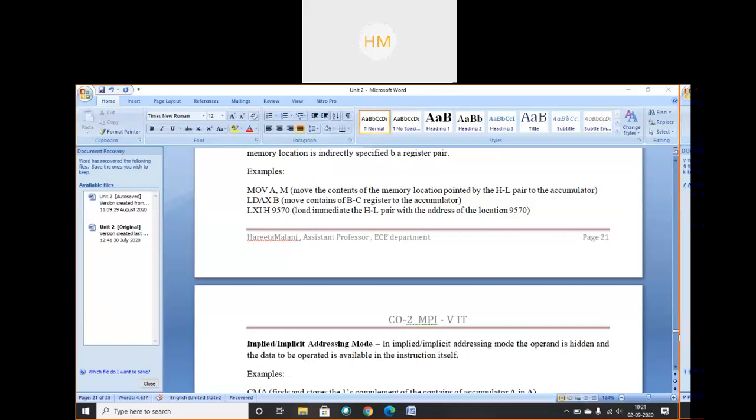Implicit addressing mode means where the operands are hidden and the data to be operated is available in the instruction itself. So what are the examples of this kind of addressing mode? Who can write the example? Please write in the chat box. We have studied many instructions.